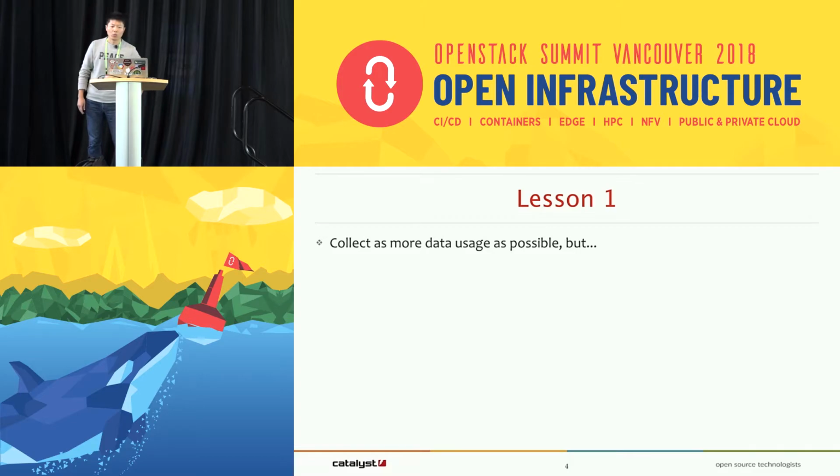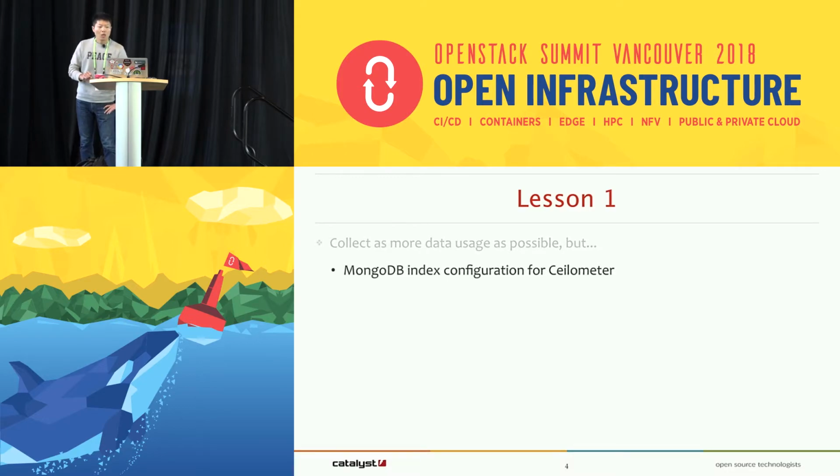The first lesson we have learned is it's always good to collect as much data as possible in order to provide more precise billing. But there are some things we need to consider. First, more data means more query time, right? As more customers join our cloud and consume more resources, the MongoDB, which is our default Ceilometer backend, really needs to be configured appropriately.